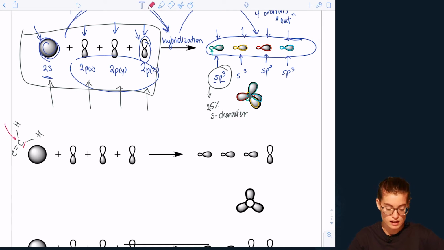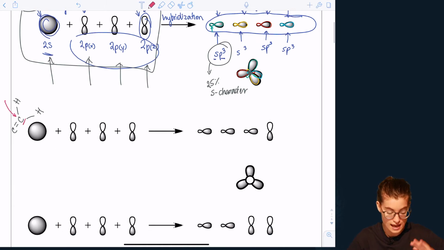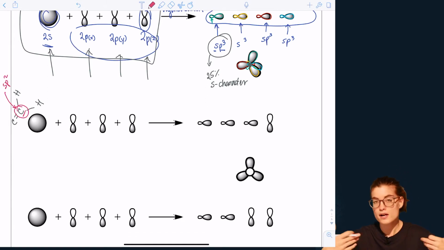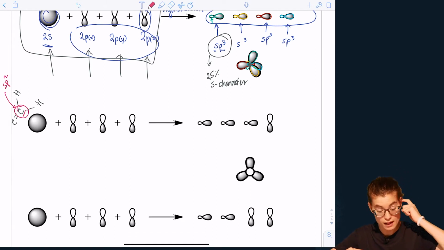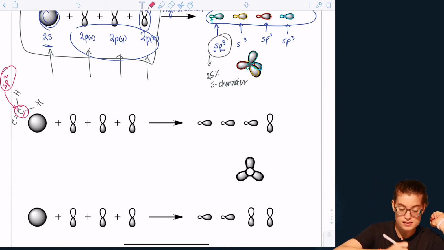But what happens if we want a carbon that is going to be sp2 hybridized? I know I haven't told you how to identify that yet, but we will do that in the next few videos. What does the hybridization look like? Well, it looks exactly how it's described. It's the same process.